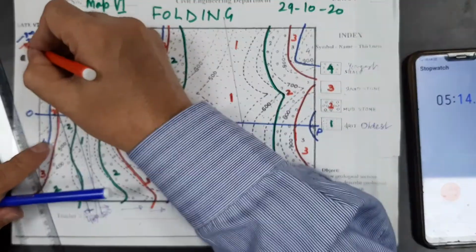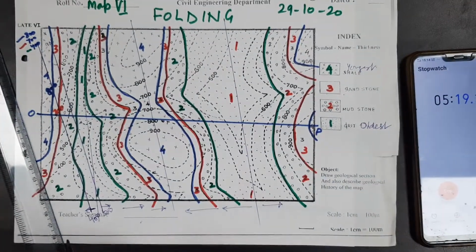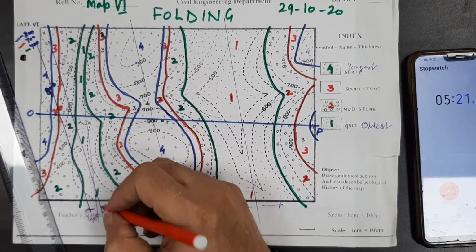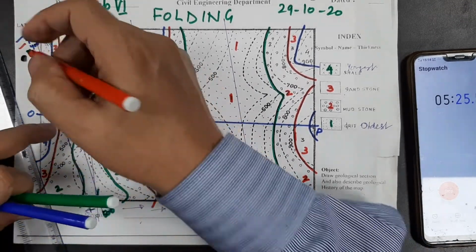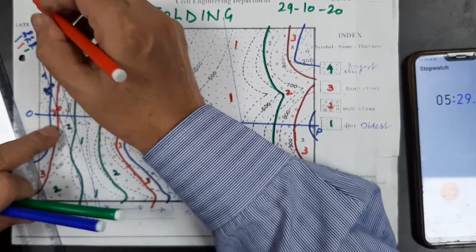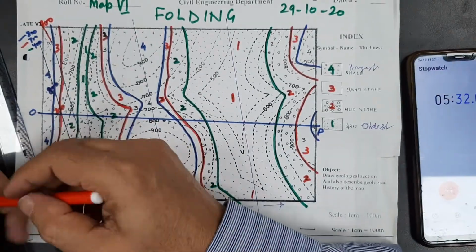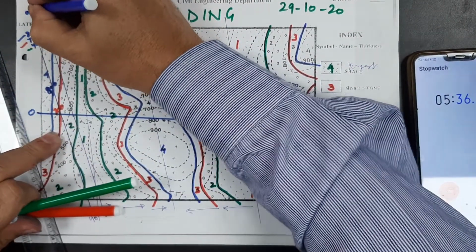The same strike line can be used for two different contacts. Similarly, the 500 strike line for the green contact can be the 800 strike line for the red contact, and the same can be 900 for the blue contact, if you are able to see this.